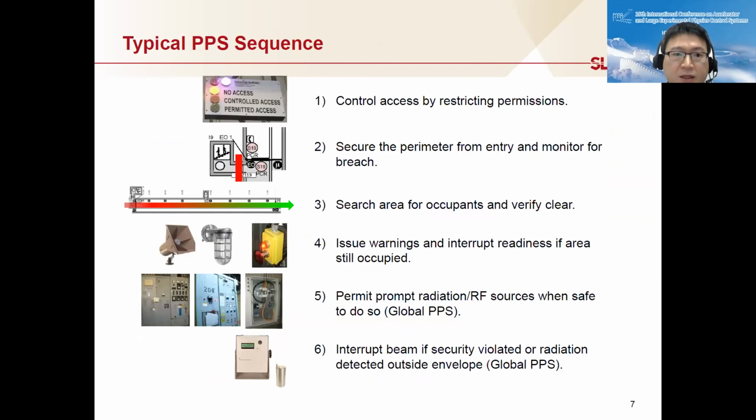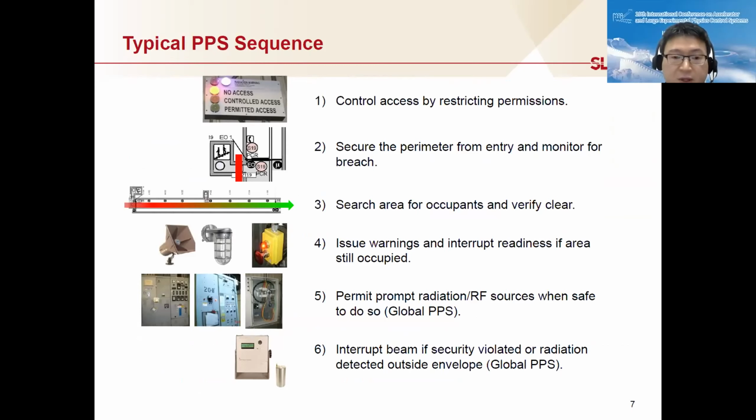Here's the PPS sequence. Basically, how PPS works: lock the door, make sure no people are inside the accelerator tunnel or the hatch. Then we give them an alarm, to make sure people really get notice if someone is trapped inside.